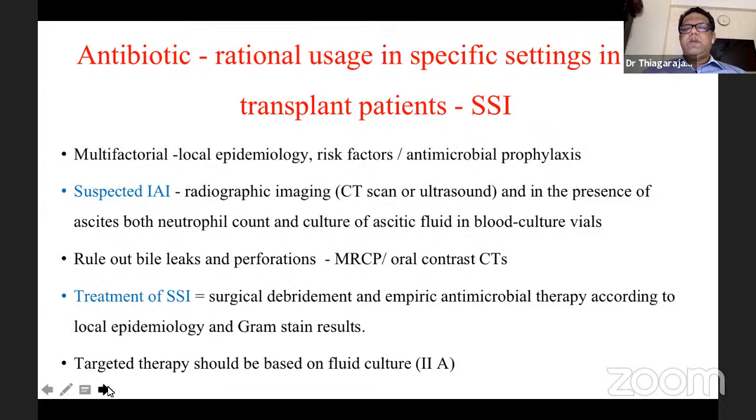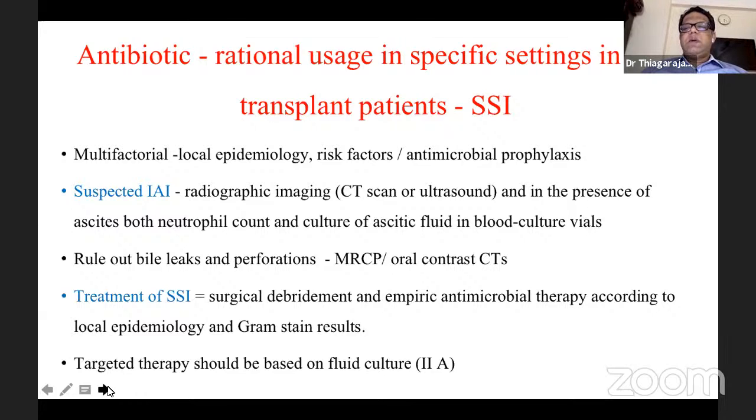Get a CT scan done, and a culture of the ascitic fluid before jacking up the antibiotics. If you suspect a bile leak or a perforation, you can do contrast CTs or bile leak studies like MRCPs. You have to do source control at the same time while upgrading the empirical antibiotics.